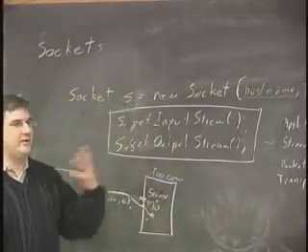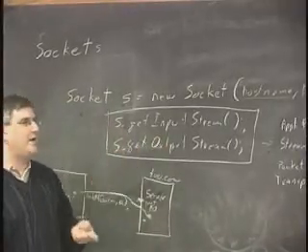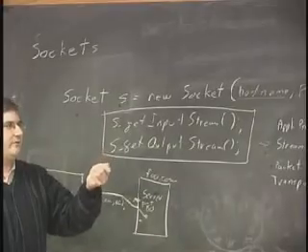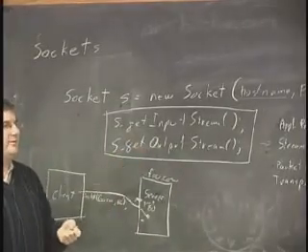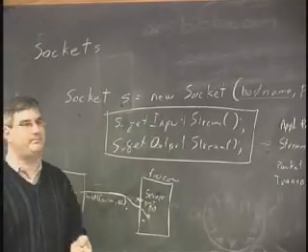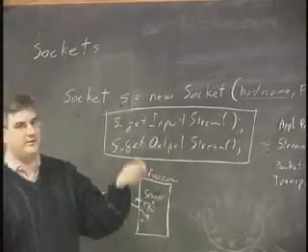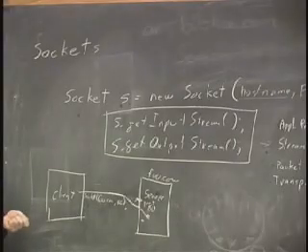For example, if you want to send text, you would build some kind of buffered reader and buffered writer on top of these things. If you wanted to send binary data, you'd probably put a buffered input stream and a data input stream on top of it, or a data output stream on top of it.